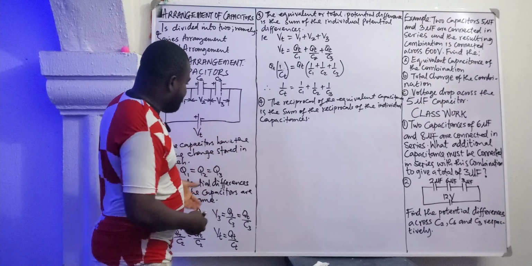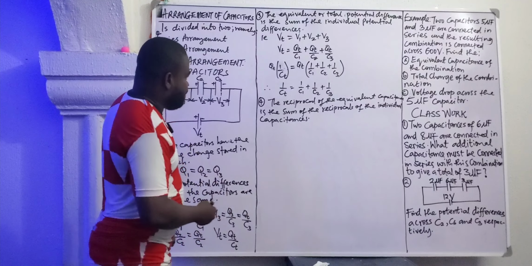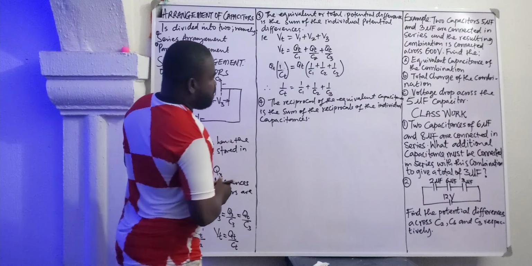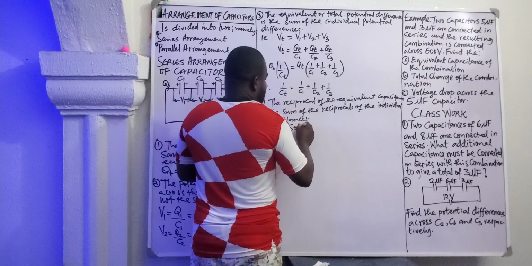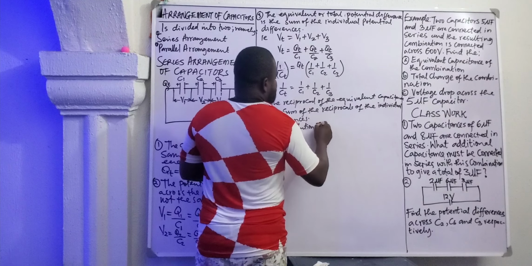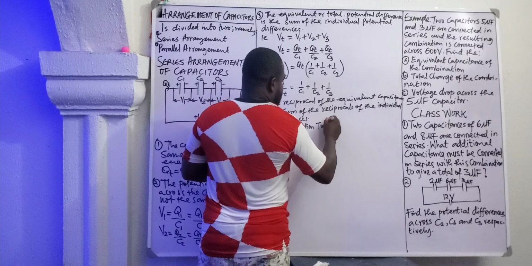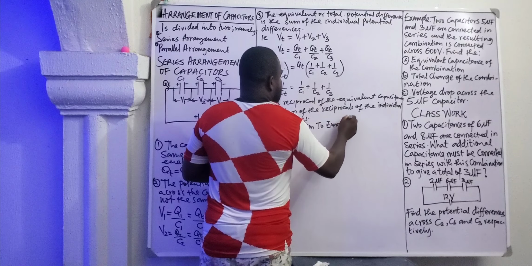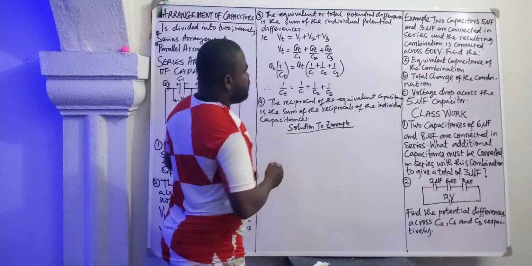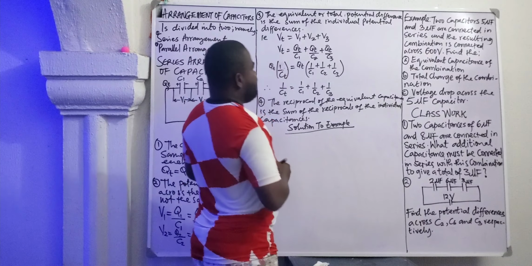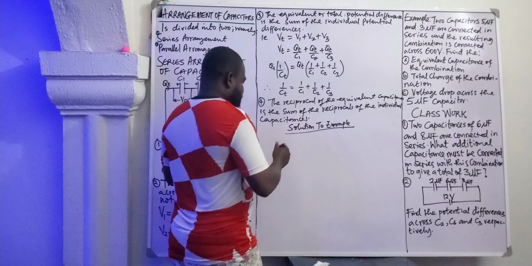With this, we can apply it to solve the given problem that we have on the board. So we're looking at that example. Solution to example. We are told that we have two capacitors, 5 microfarad and 3 microfarad, in series.